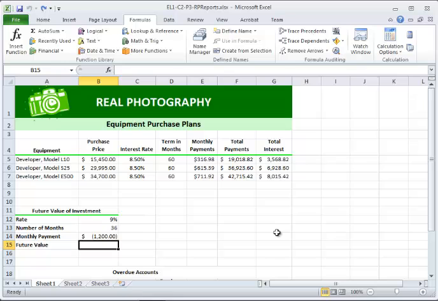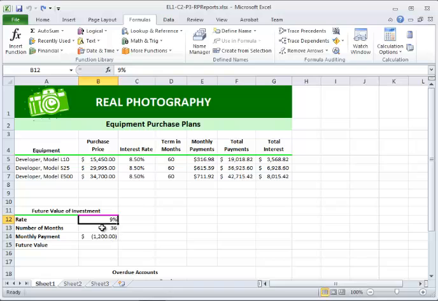money that you will get if you have a certain interest rate, a number of payments, and the amount that you will be depositing. For example, you could make a contract with a bank saying, okay, I'll make a $1,200 deposit every month for 36 months, and then the bank will give you 9%, and we combine all that at the end of 36 months.